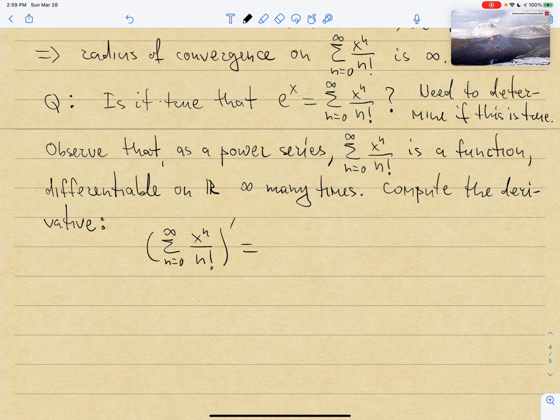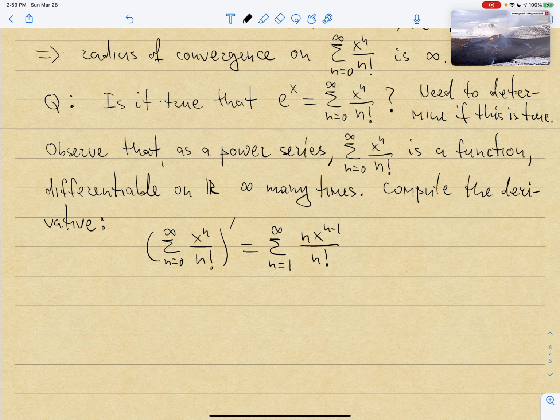So this would be sum, and from when I took derivative, I can start now adding things from n equal to 1, from 1 to infinity, and x to the n minus 1 divided by n factorial.